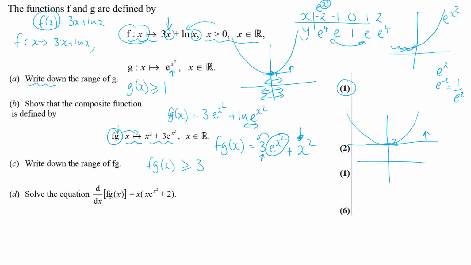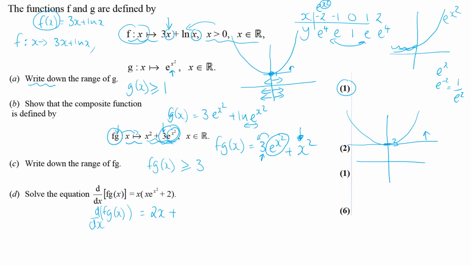Now being asked to solve the equation, we need to differentiate fg and equate it to this function expression on the right. So differentiating fg of x, we've got this here, so d by dx of fg of x is equal to 2x plus, now when we're differentiating 3e to the x squared, the 3 is just going to join in.